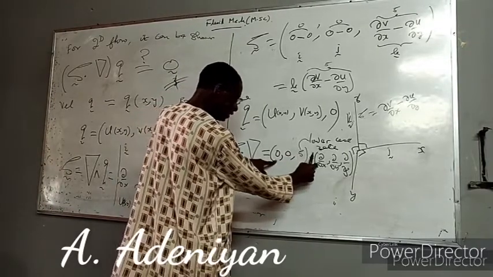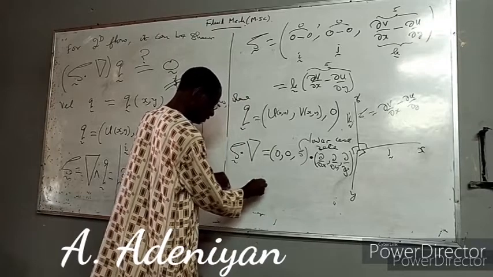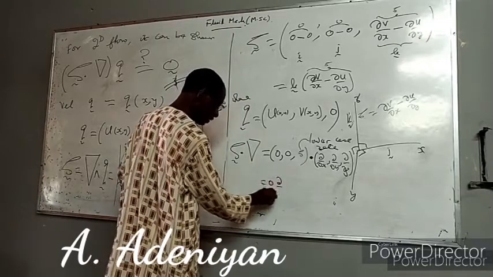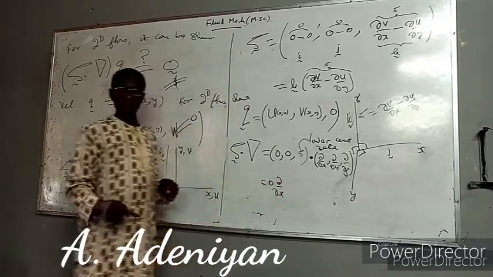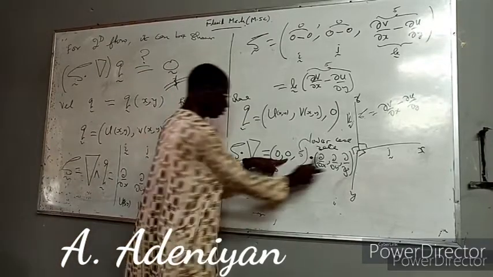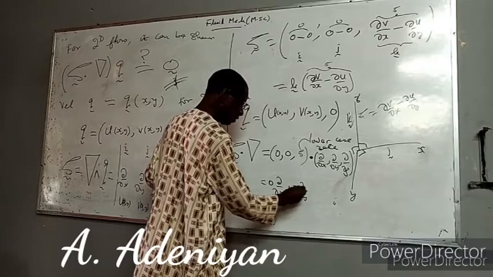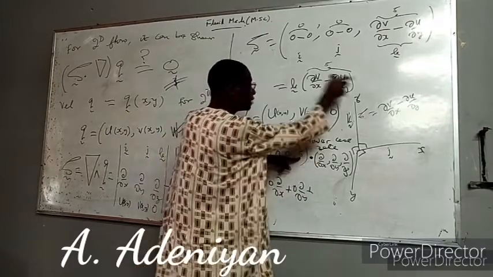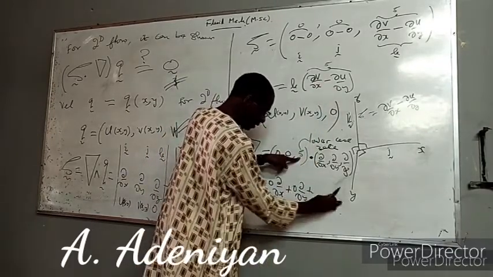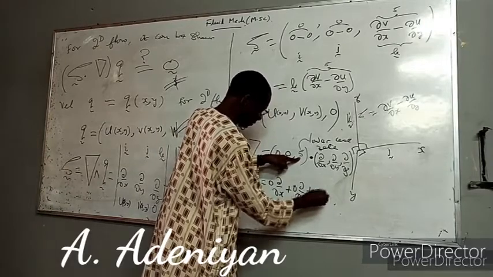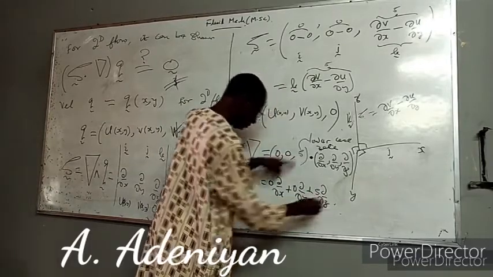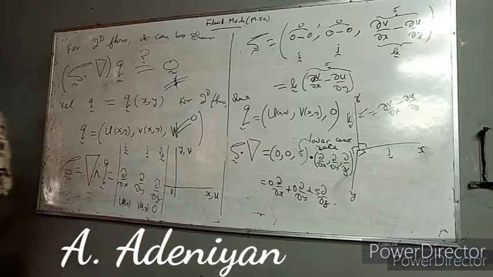This is 0 times ∂x, because you are taking the dot product, plus 0 times ∂y. Finally, you use this zeta, which is the only one that will exist: zeta times ∂z.